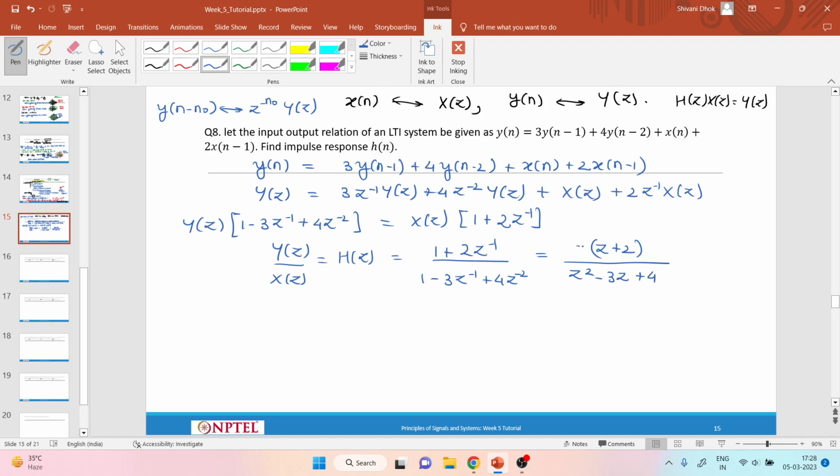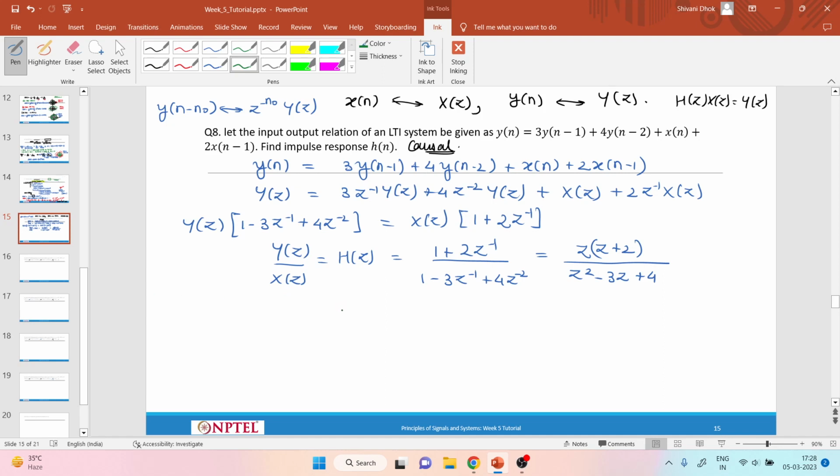So 1z comes here. So these two are equivalent expressions, and now we need to find h of n, impulse response, and we are assuming that we have a causal system here. So this we are taking as an assumption.